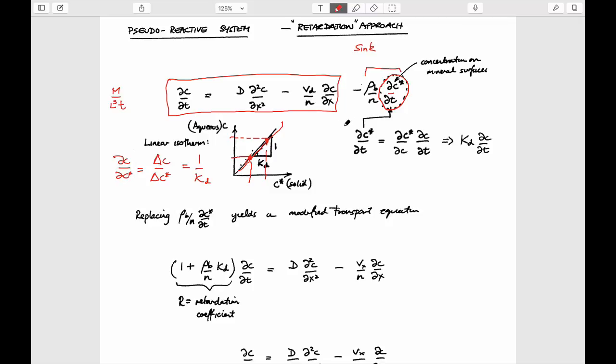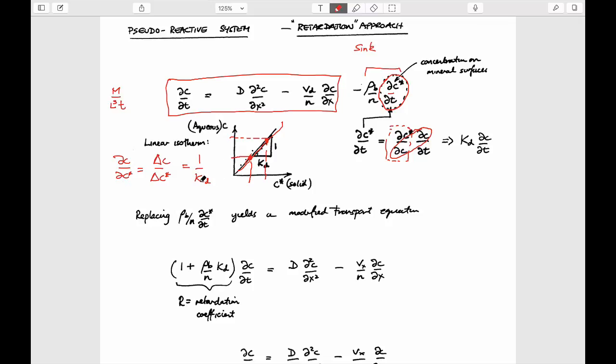And so what you could do is take this expression here and modify it by multiplying this term here by just 1 over 1, which is dc/dc*. And if that's the case, then you can immediately see that the value of dc/dc*, this term here, is exactly this relationship, well, the reciprocal of it.